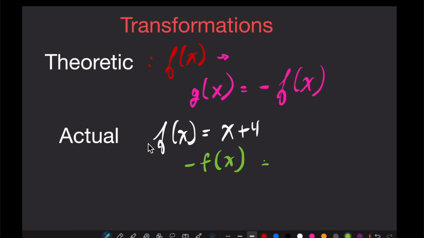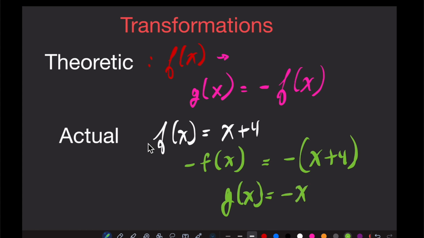So you do negative f of x, which means negative x plus 4, and your final g of x is going to be negative x minus 4. So throughout this video, we're going to do both. We're going to start off with theoretic transformations, and then move on to actual transformations.